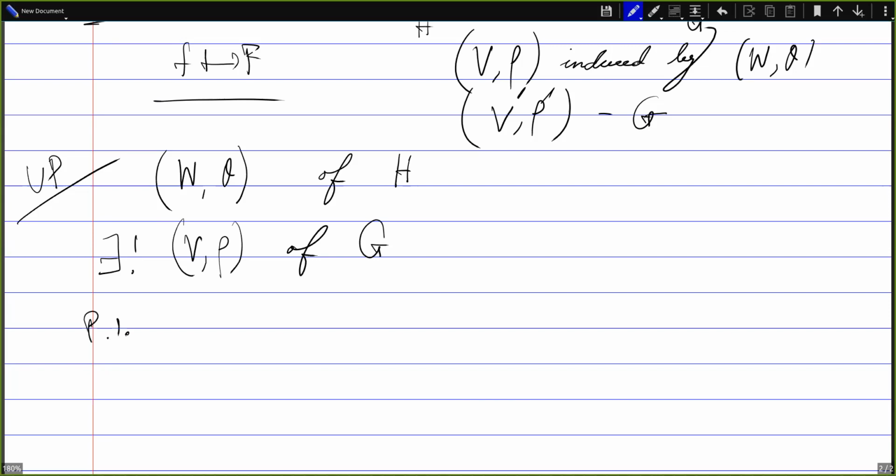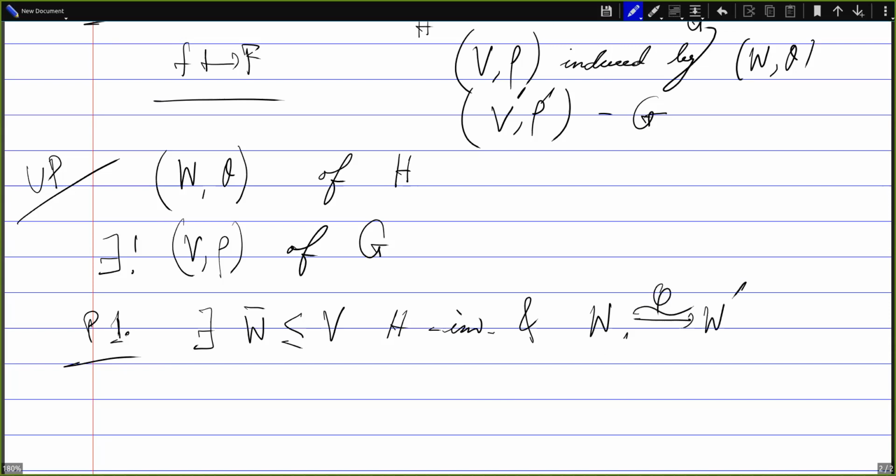Property 1 says, first of all, there exists a subspace W bar of V which is H invariant, and an isomorphism from W to W bar, H invariant.